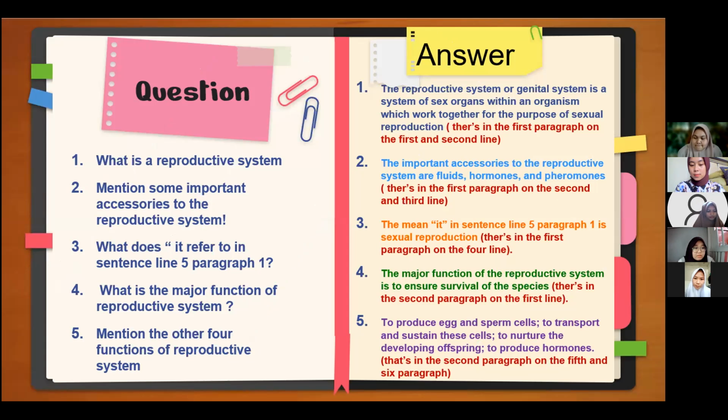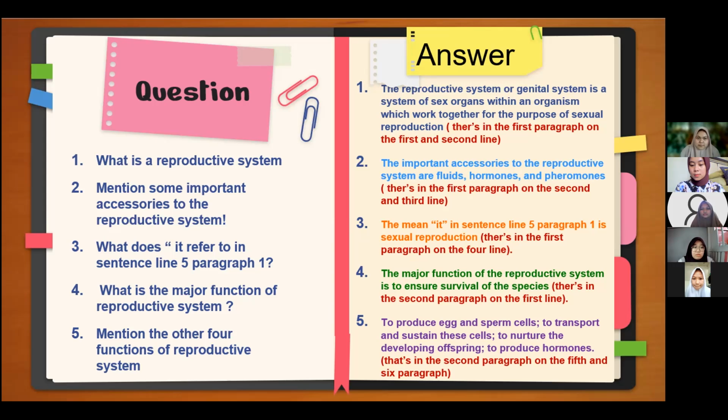Number 1, what is reproductive system? The reproductive system or genital system is a system of sex organs within an organism which work together for the purpose of sexual reproduction. That's in the first paragraph on the first and second line.